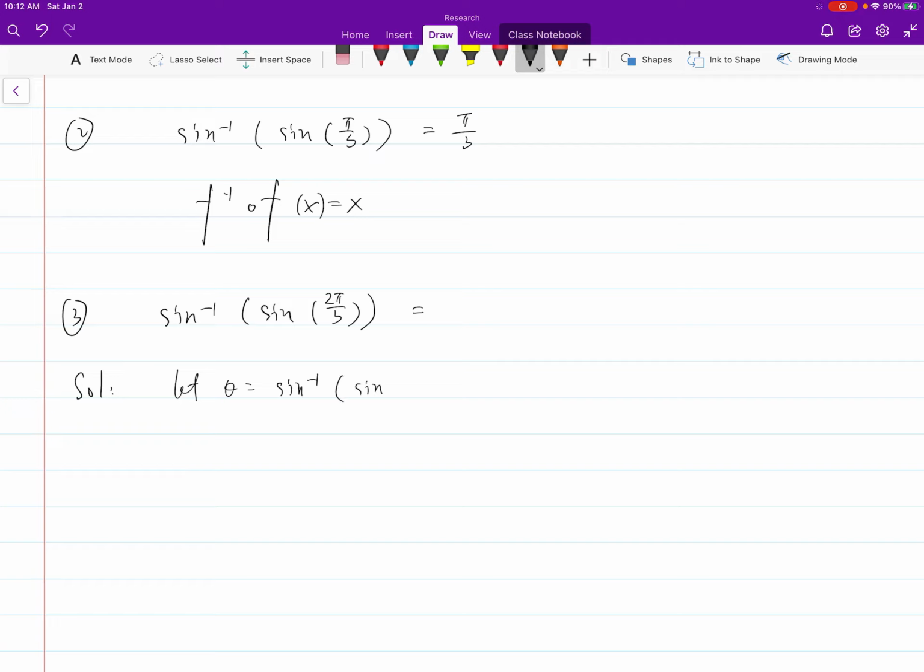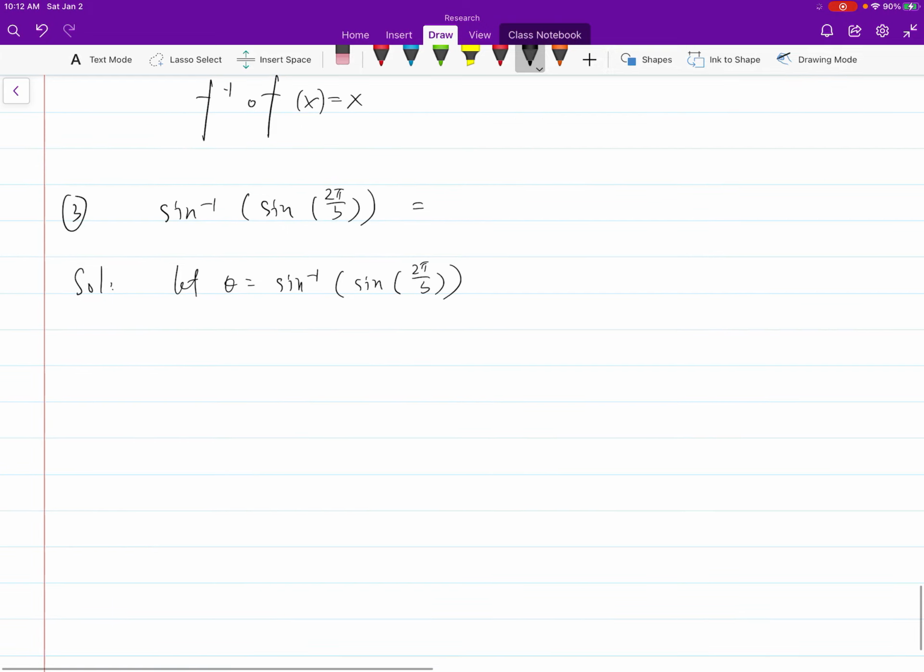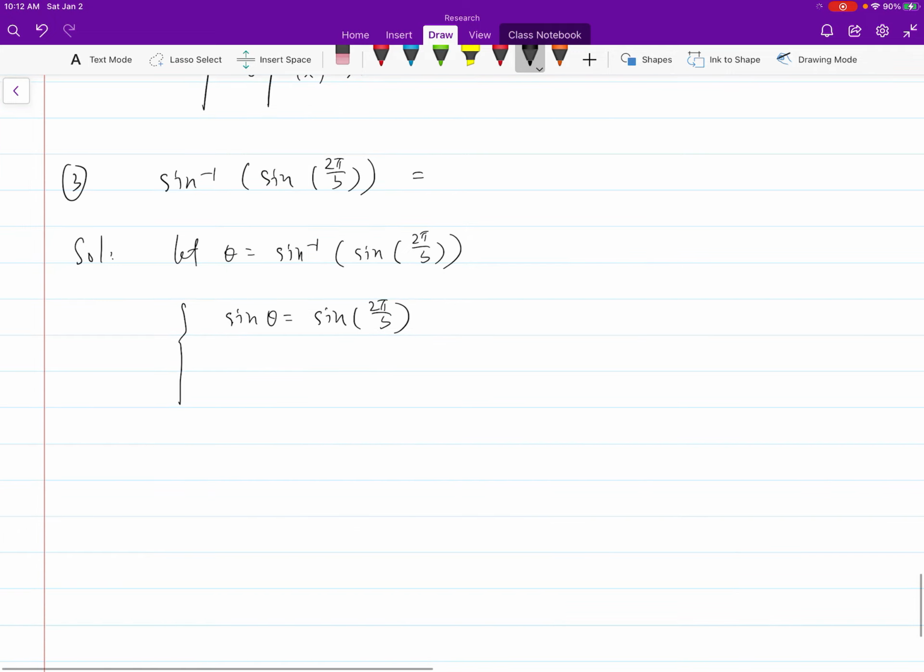Now use the same trick. We want to know what are we talking about, the ratio or the angle? And for the angle, we always assign the one with the inverse. This tells you, again, two things. Sine theta equals this, whatever that is.